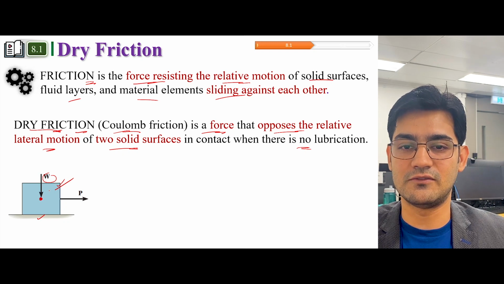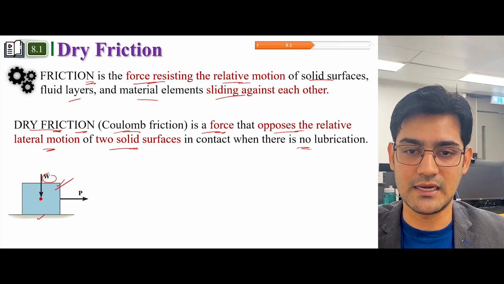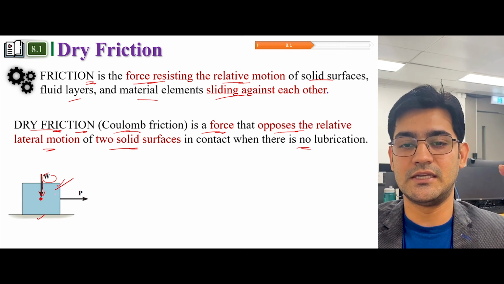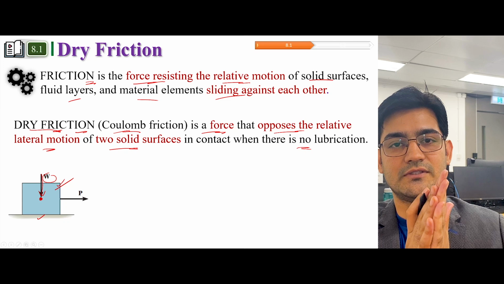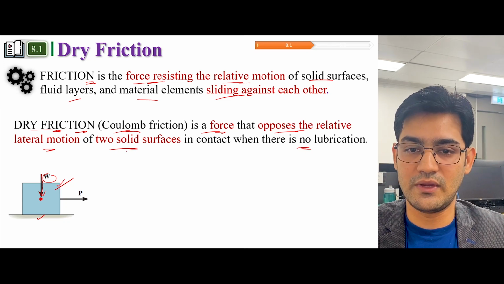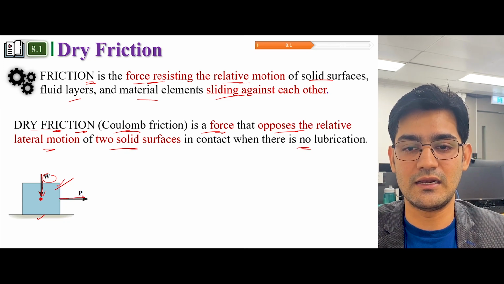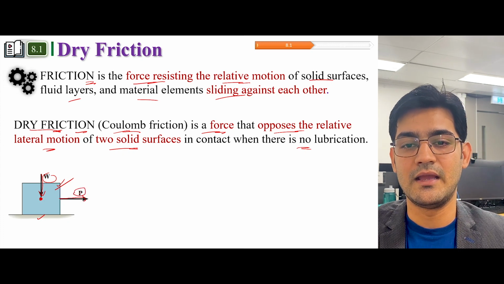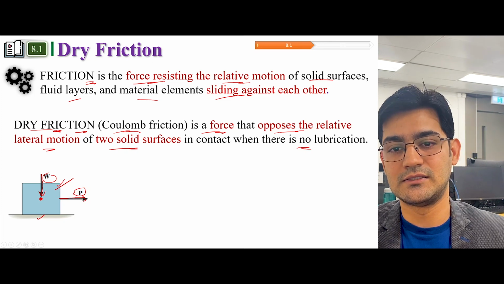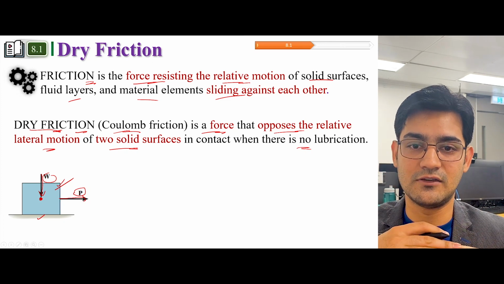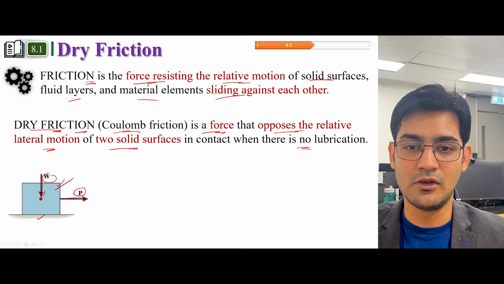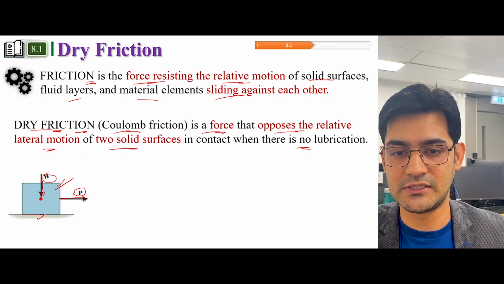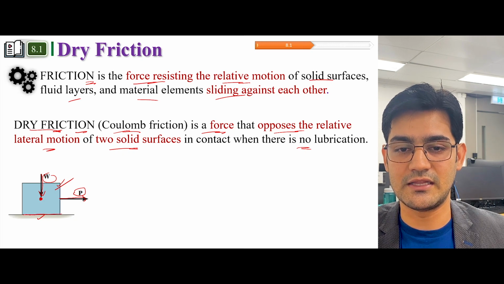Whatever the weight of this rigid body is, that weight acts on the center of gravity. Since we want to slide these two surfaces against each other, we have to apply a force, and let's say this applied action force is called P, and this force is pulling the weight on that surface. As a result of this pull, you will face resistance between these two surfaces.